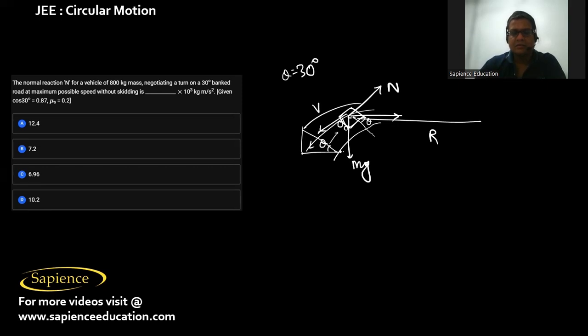This is normal reaction. This will be theta. So this will be 90 minus theta. So this will be again theta. So this is n cos theta. This is n sin theta.